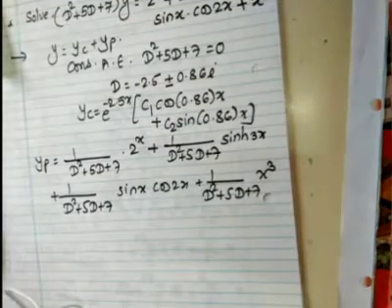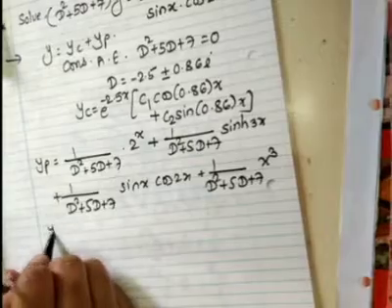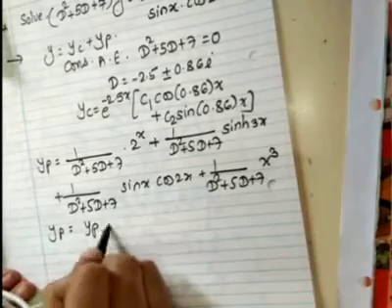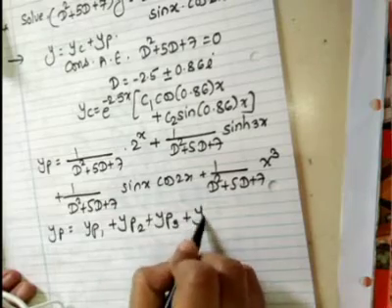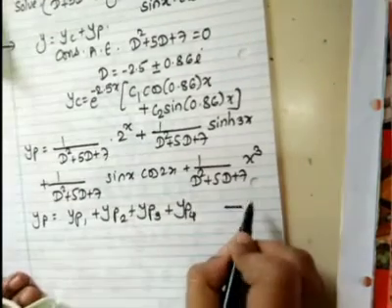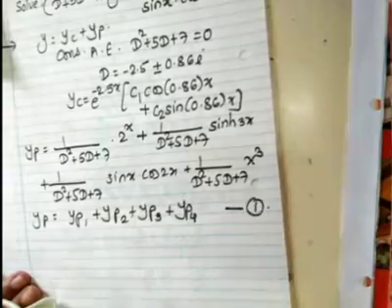I'll separate right now in this step only, you do it in the next step. Okay, all are separated now, and I'll write yp1 plus yp2 plus yp3 plus yp4, as they are bigger terms. So call it equation number 1.